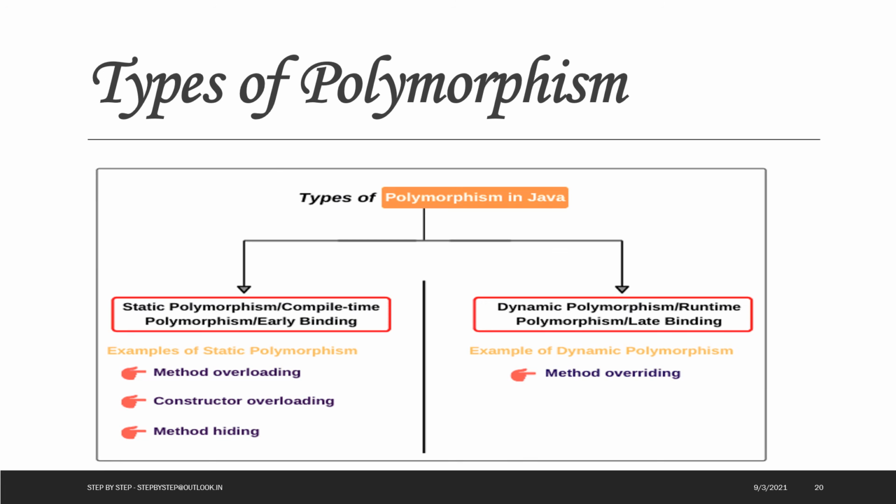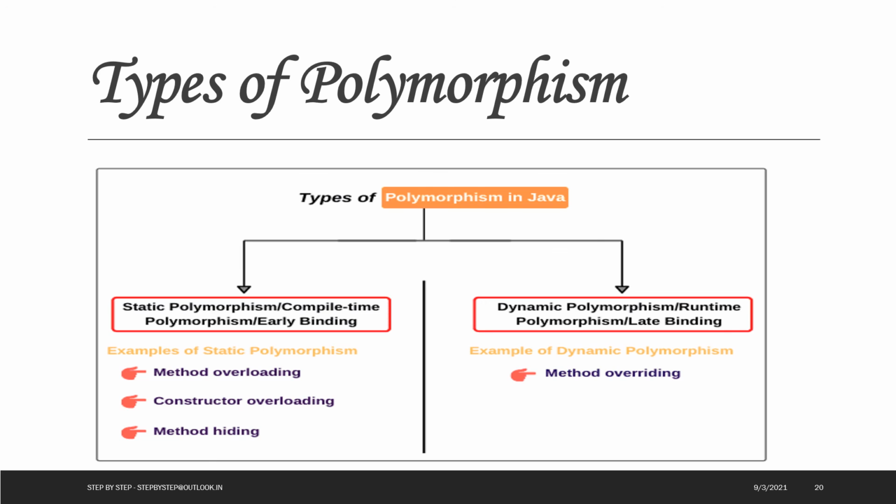Then the types of polymorphism, or the ways to achieve polymorphism in Java. Basically, there are two types of polymorphism achieved in Java. One is static polymorphism, sometimes said as compile time polymorphism or early binding. The examples to achieve this kind of static or compile time polymorphism are method overloading, constructor overloading, and method hiding.